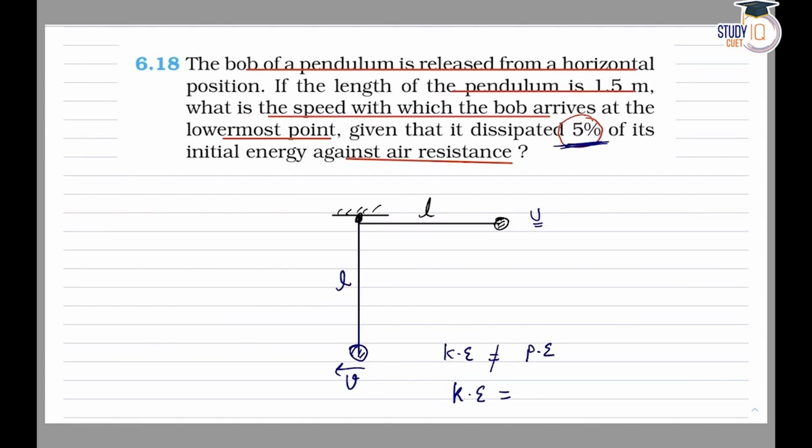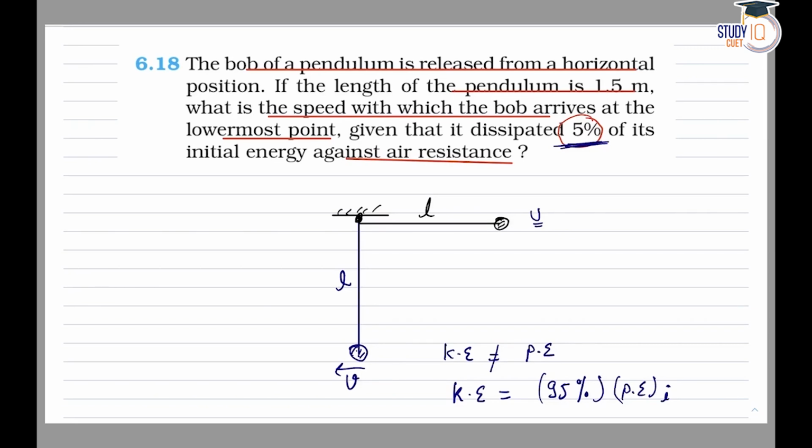The final kinetic energy at this point is equal to 95% of the initial potential energy, as 5% is lost due to air resistance.